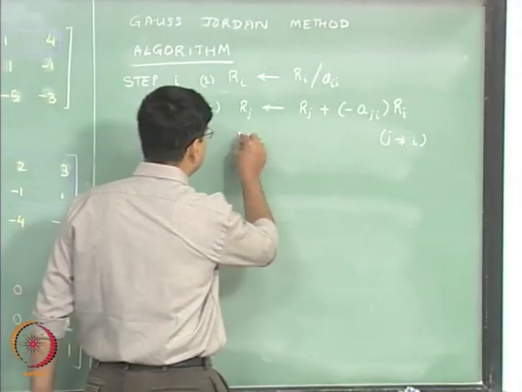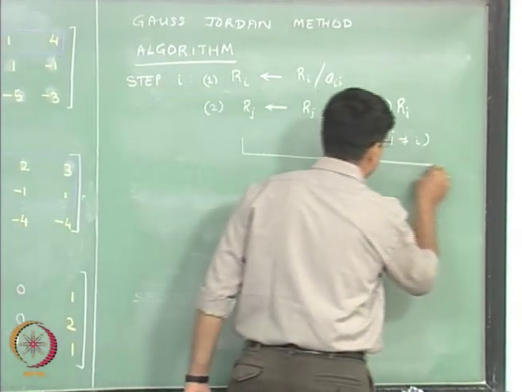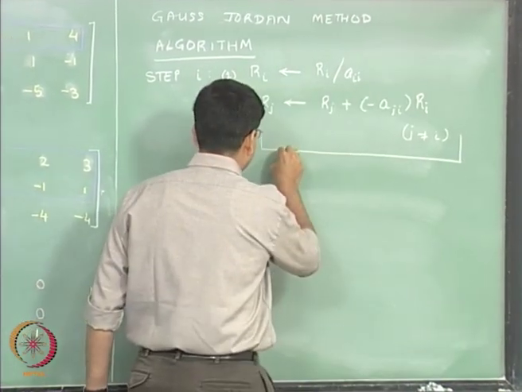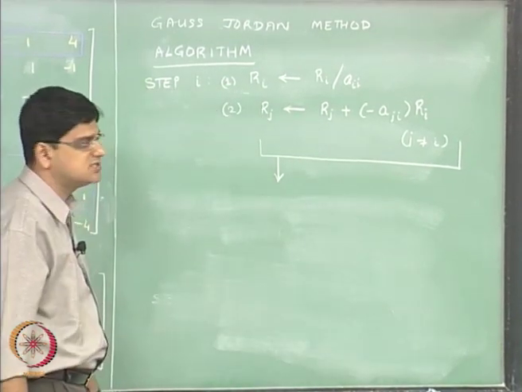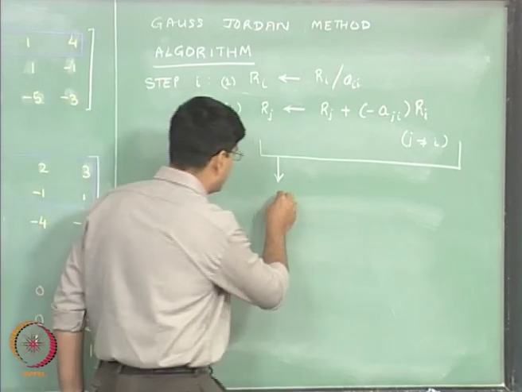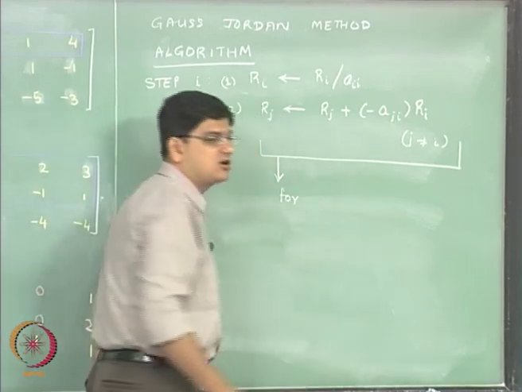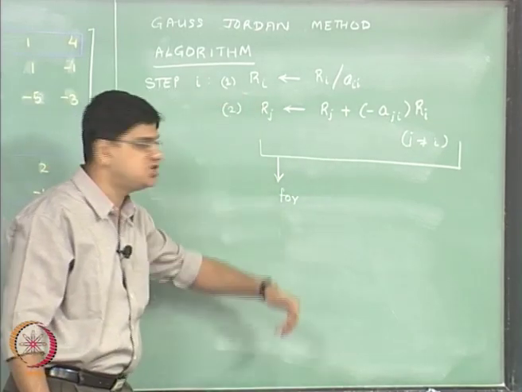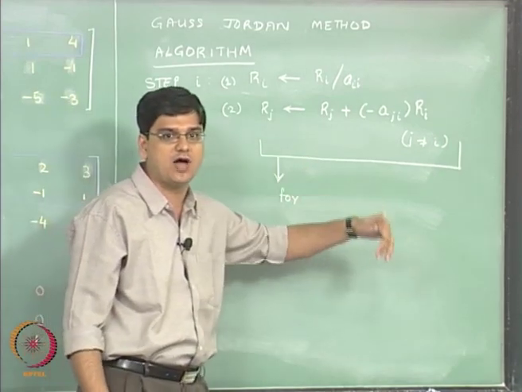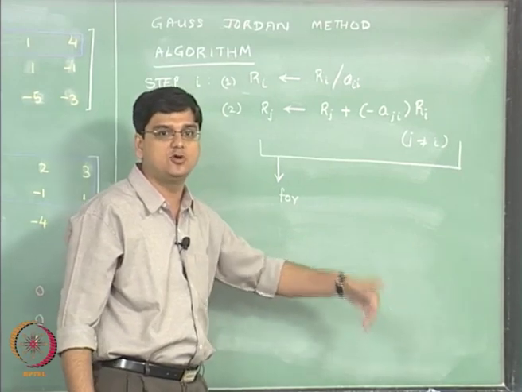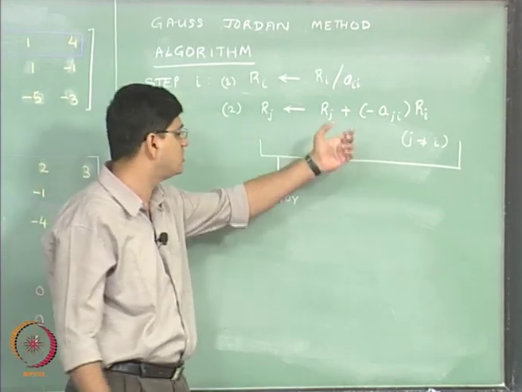So what this particular step expands into, or the sub steps expand into, is that for column i plus 1, i plus 2, i plus 3 and so on up to n, and then one more for the b column.